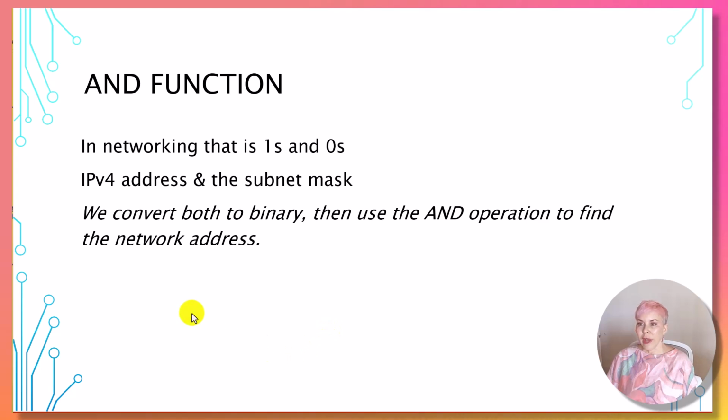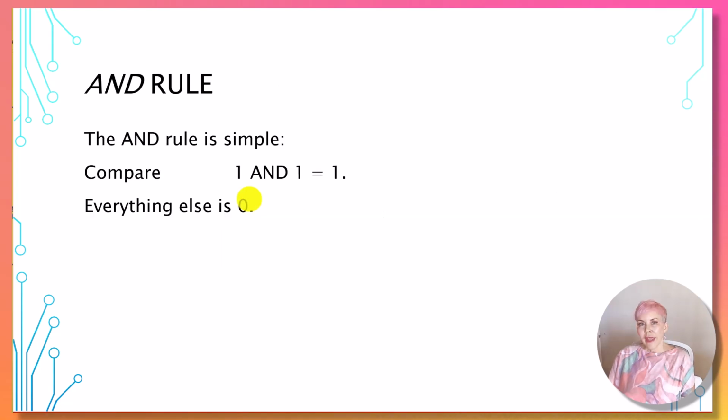And we've learned how to convert IPv4 addresses into their binary equivalent, or from decimal to binary. And then also we've looked at subnet masks and how to convert subnet masks to their binary equivalent, ones and zeros. We convert those, and then what we can do is use the AND function of Boolean to actually figure out the network address.